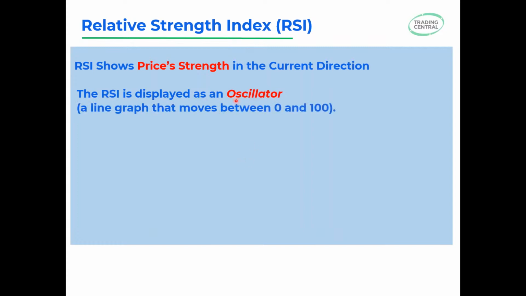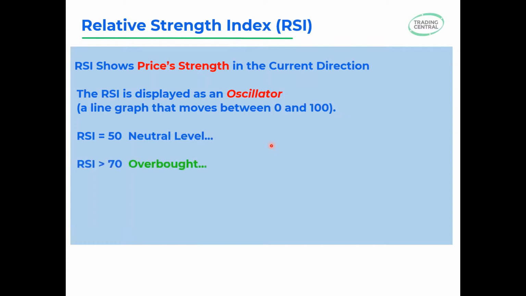You will come across this word again and again in technical analysis. It means the value of this indicator will just bounce between 0 and 100. When RSI is 50, we say it is a neutral level.